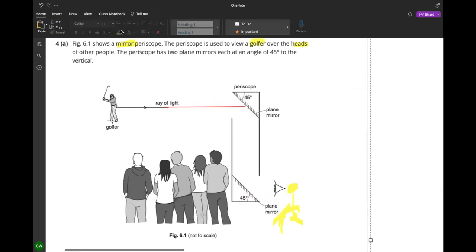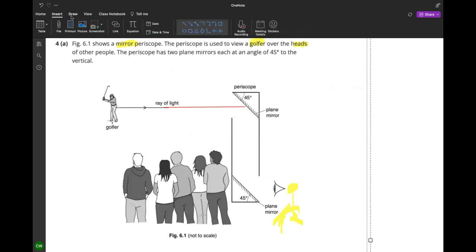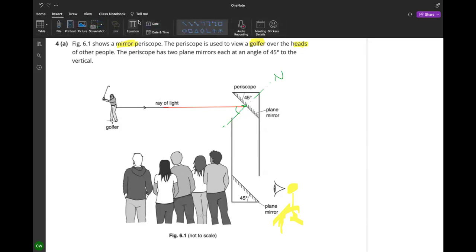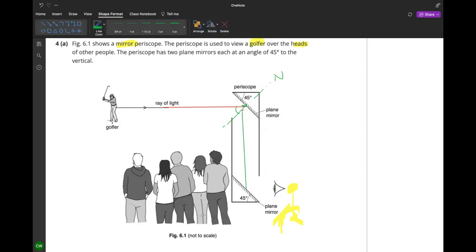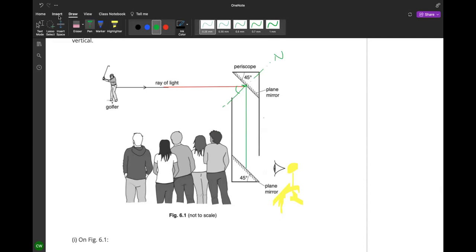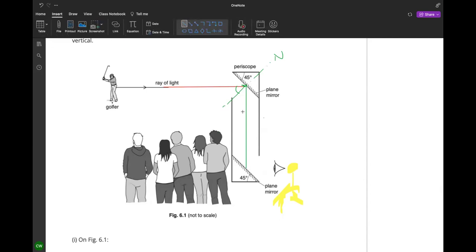Then there is a normal line, something like this. Okay, this is the normal line. And this angle will be the same as this angle. So after that, it will be reflected in this direction, and then enters your eye. So you can see the golfer now.